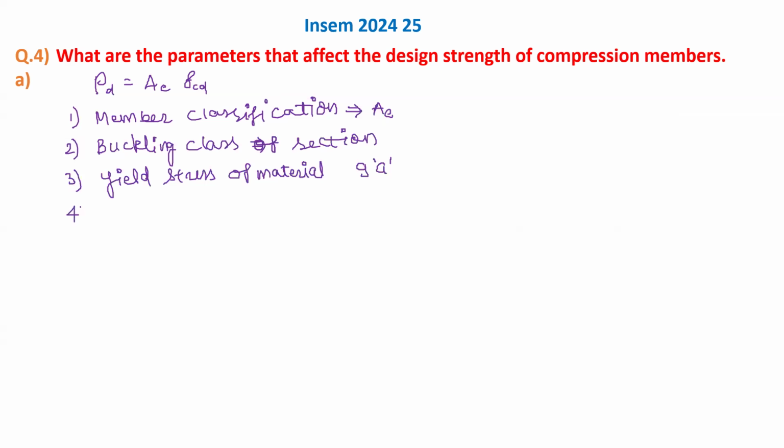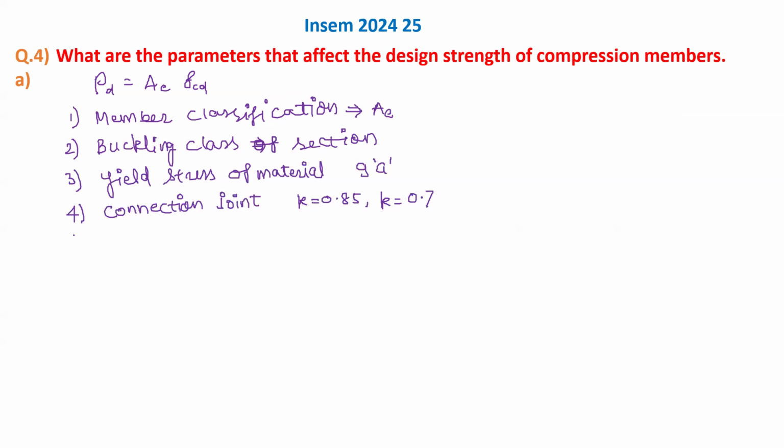Then we have fourth, connection, because connection of the joint will decide your value of K. If you have bolted connection we have K as 0.85, and if it is welded then we have K as 0.7.